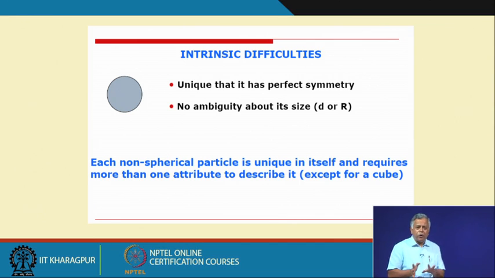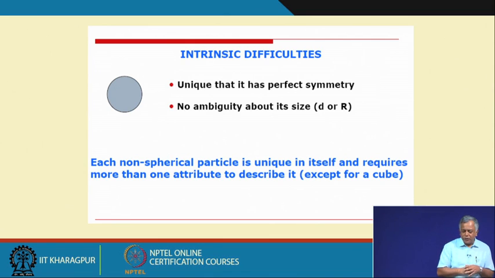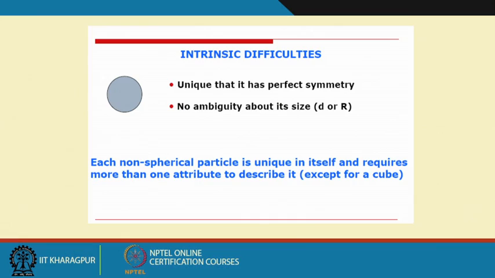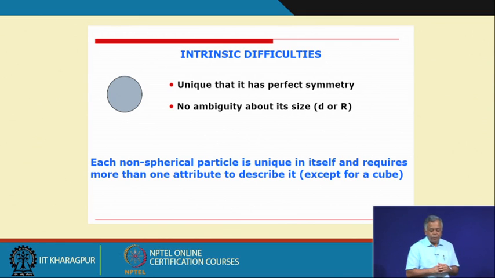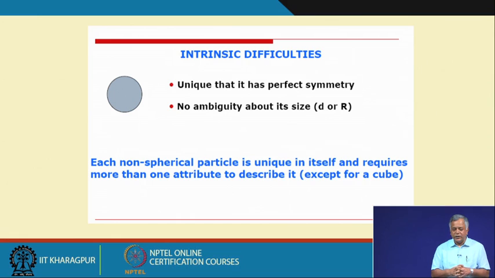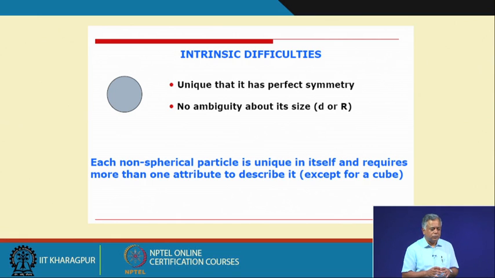But when we have non-spherical particles, which is most of the cases we encounter, we hardly get spherical particles when dealing with mined products. Each non-spherical particle is unique and requires more than one attribute to describe its shape. The only exception is a cube.